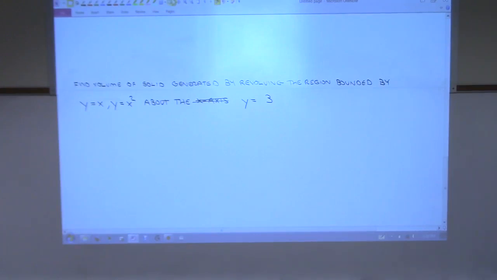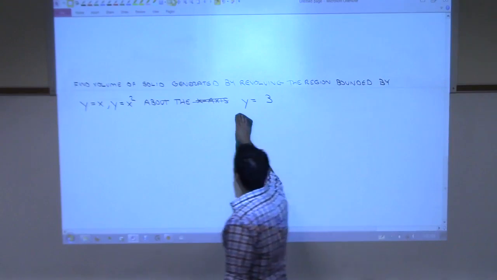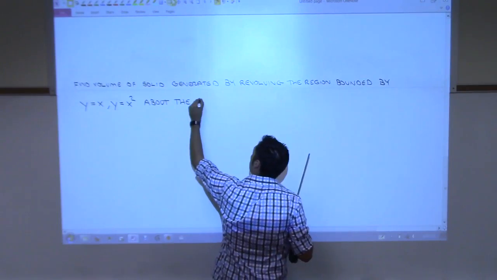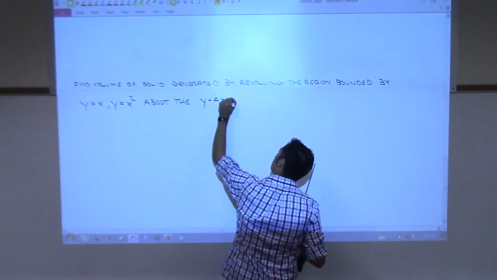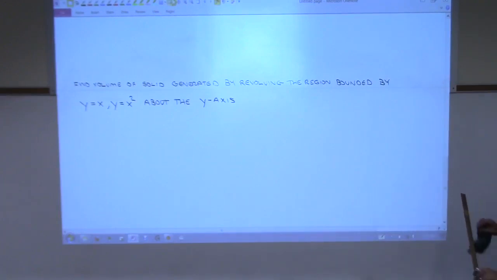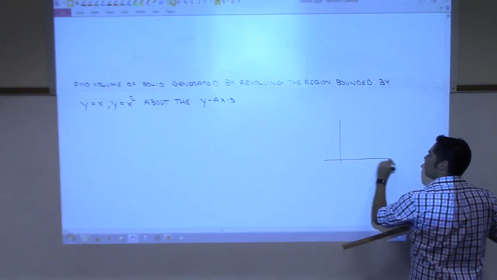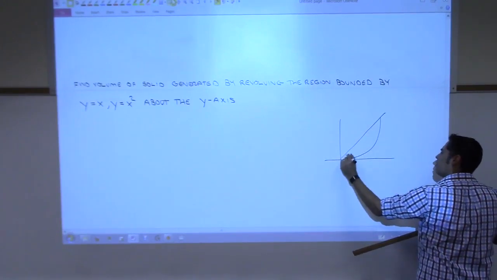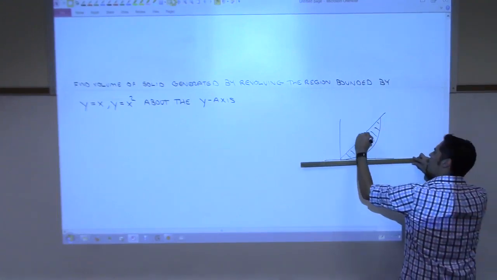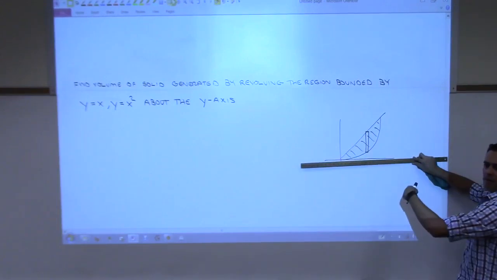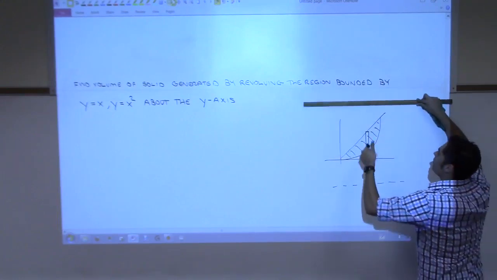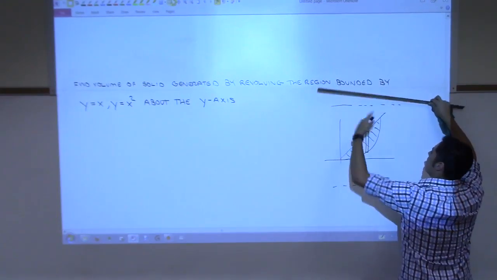All right, we're going to take this thing now, and we're going to rotate this thing. Same region. Let's go about the y-axis. Something that I want to point out before we do this. On all the problems we just did, we had this, and we had that region, right? And we rotated around the x-axis. We drew a rectangle like this. And we rotated it, right? And when I moved this down here, we rotated it like that. When I moved it up here, we rotate it like that.